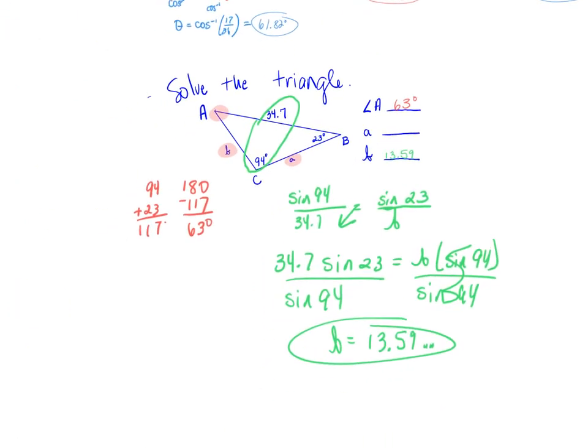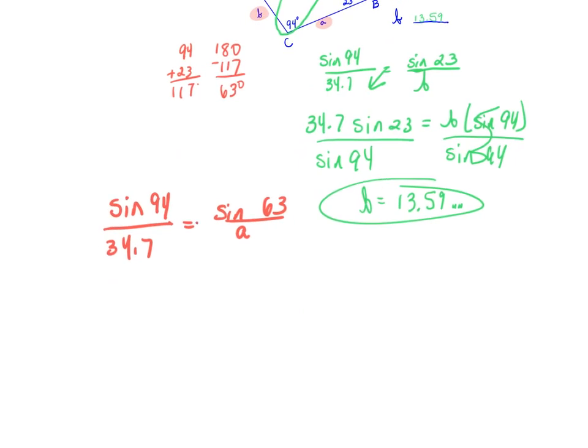So I'm going to use the same proportion that I just used. I'm going to use the proportion of sine 94 over 34.7 equals the sine of angle A, which we said was 63, so sine of 63 over side A. So same process, guys.